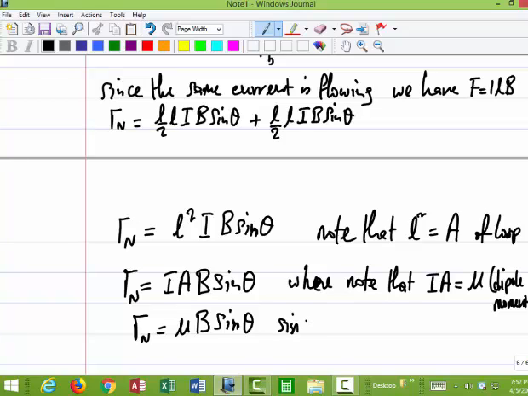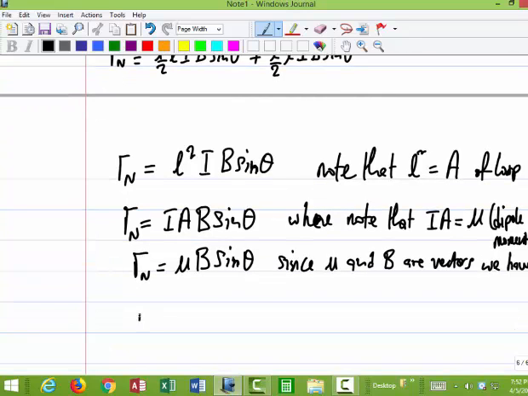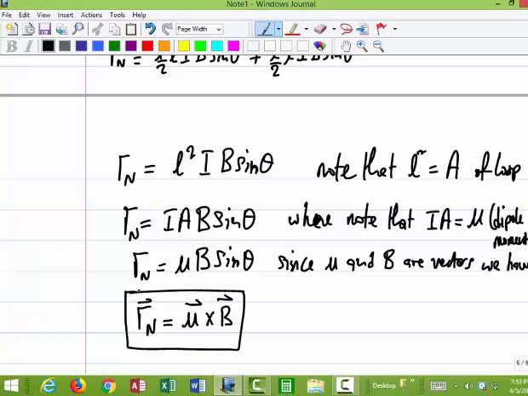And since mu and B are vectors, we can write that the net torque is equal to mu cross B. Okay, so the net torque is a vector, so the torque on the current carrying loop in a magnetic field is just equal to the dipole moment crossed with the field B. Any questions on that? So it's mu cross B. Mu is the letter mu, it's the dipole moment.